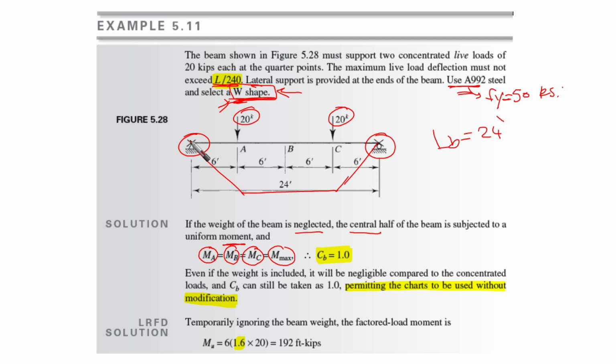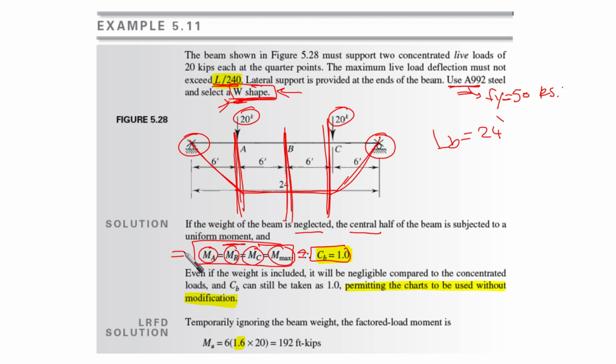This means that all the moments at different points, at the quarter points and at the middle, are going to be the same. Why are we searching for this? In order to obtain Cb.